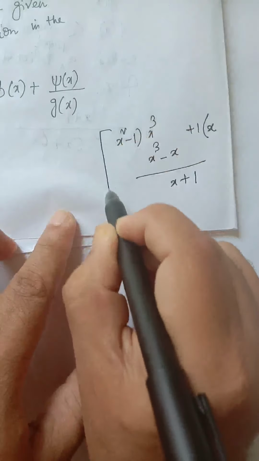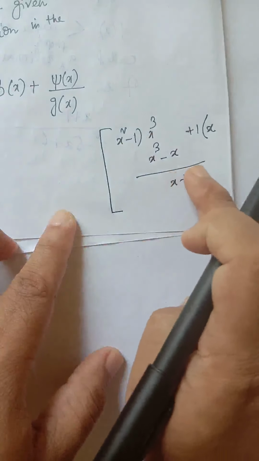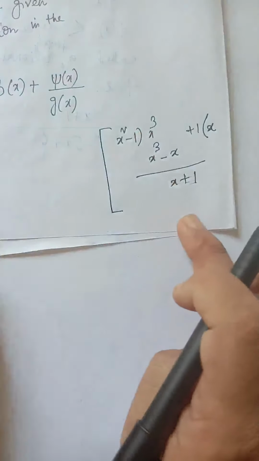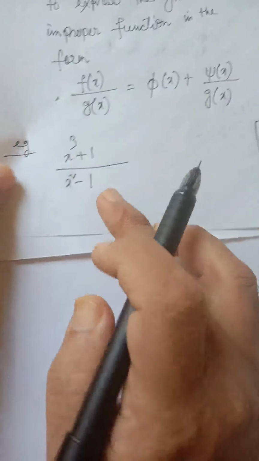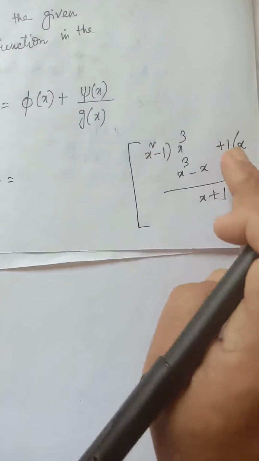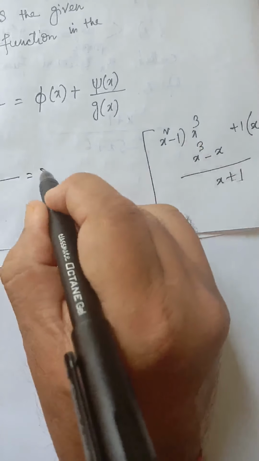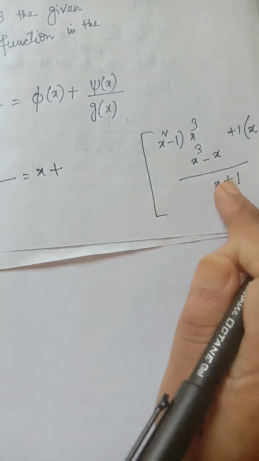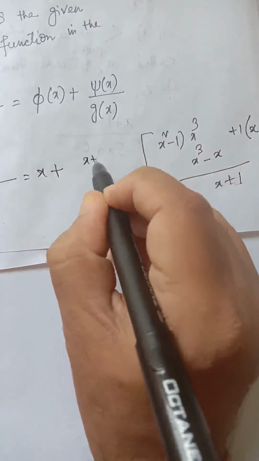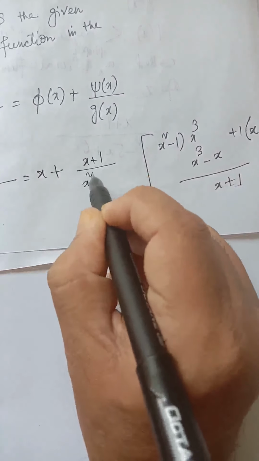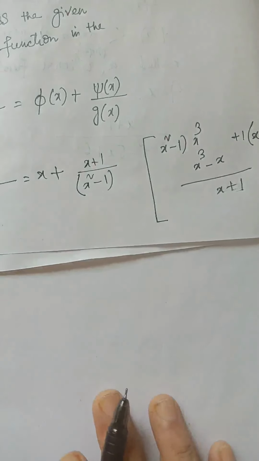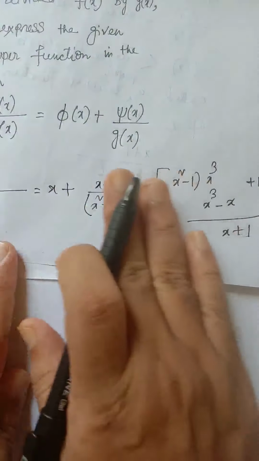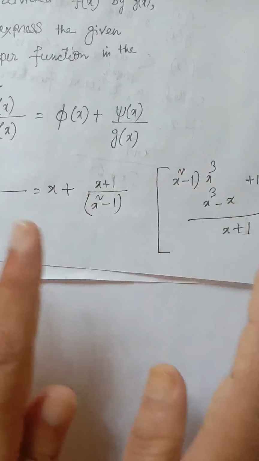Here our division is over, as the degree of the remainder is less than the degree of the divisor.